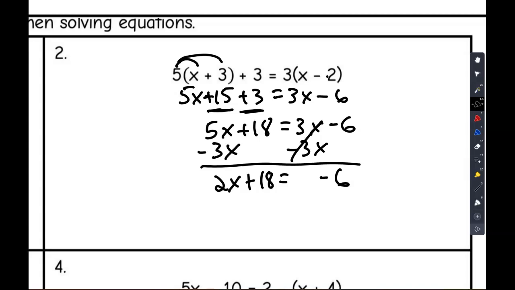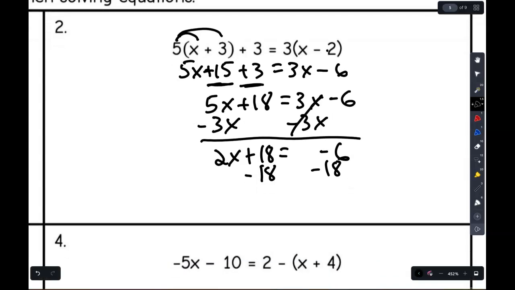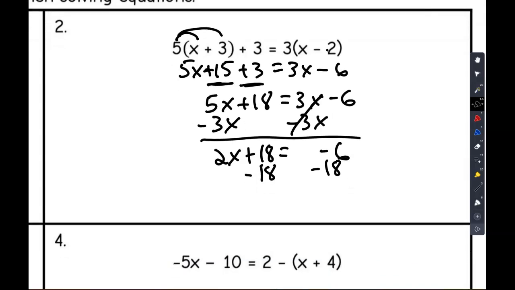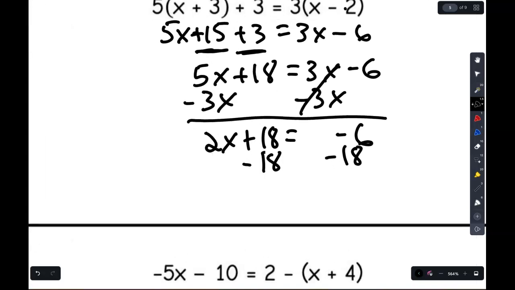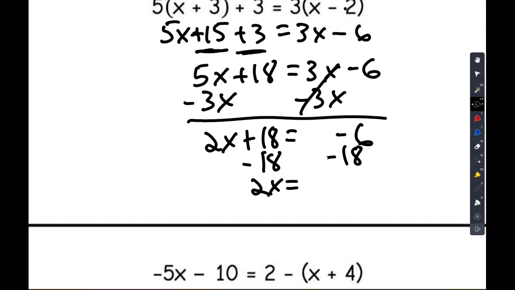We're going to subtract 18 on both sides. And that's going to get us, zoom in a little more here. 2x is equal to negative 24. Divide by 2. And x is equal to negative 8.